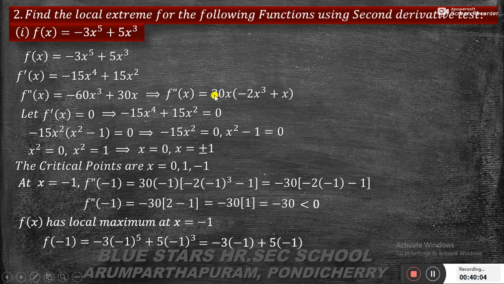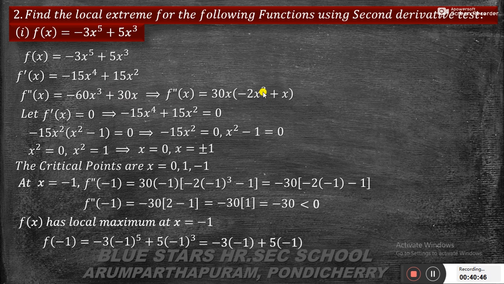So I write 30x into, from the first term I take the 30, and the remaining factor is minus 2 since 30 into 2 is 60. Next, from x cube I take one x, so the remaining is x square.